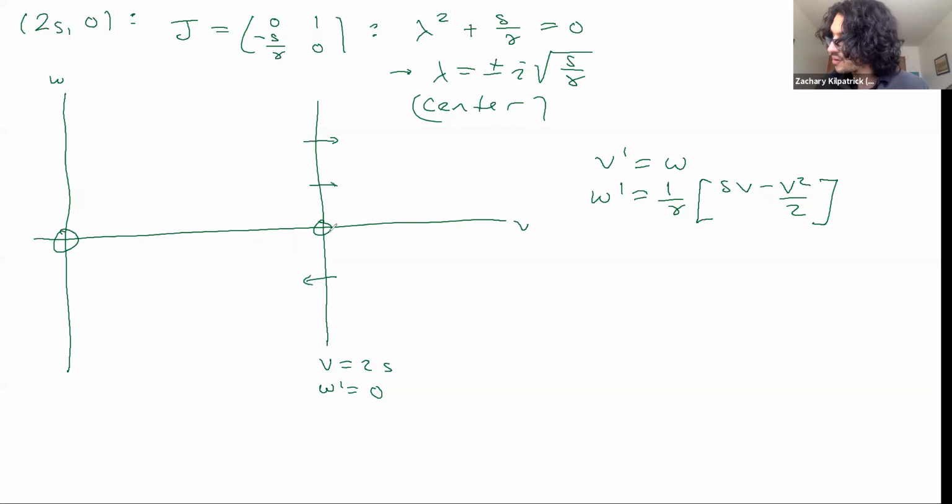So if I want to know what direction the oscillations around the center are moving, I can just look at this. If I look over here, right, along where V prime is equal 0, I see that when V is greater than 2S, this whole thing is going to be negative. So trajectory should go this direction on this side and this direction on this side. So that gives me the circulation of the oscillations around the center.